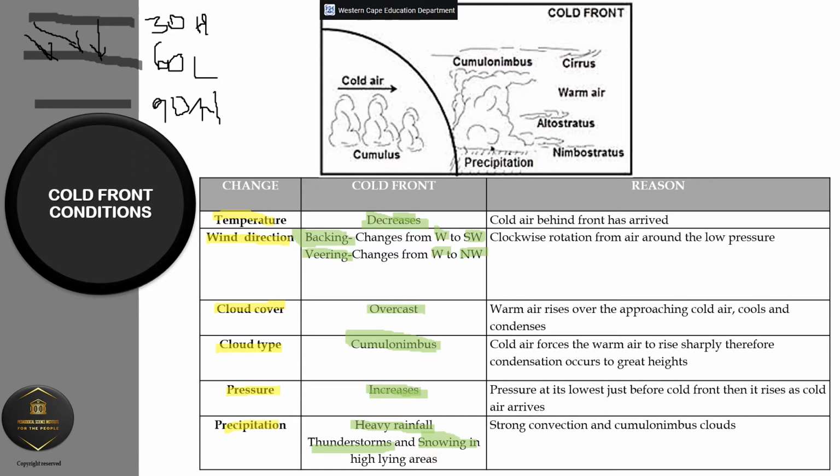Now, going back to the reasoning behind it, you need to know the reasoning as well. Why does temperature decrease? Because there's cold air behind the cold front. And why does the wind direction change? Simply because of the clockwise rotation of air around the low pressure, and also the effect of the pressure gradient force.